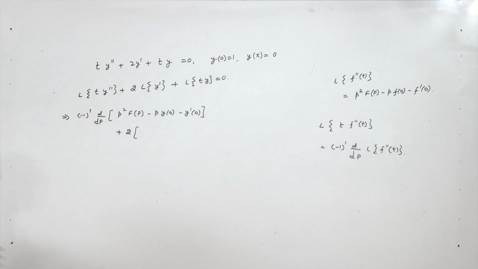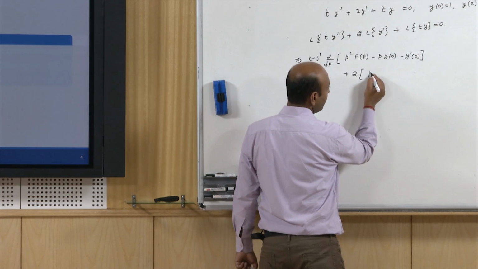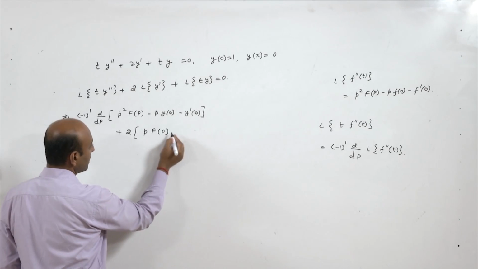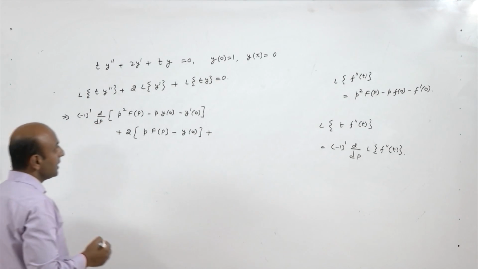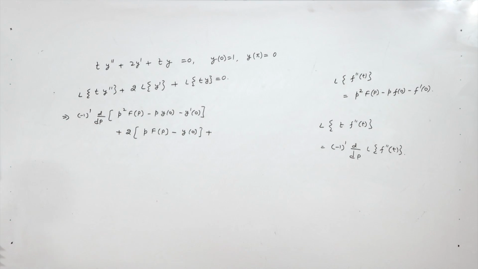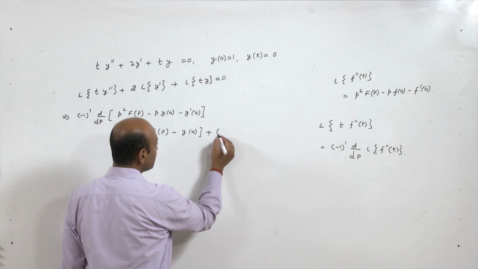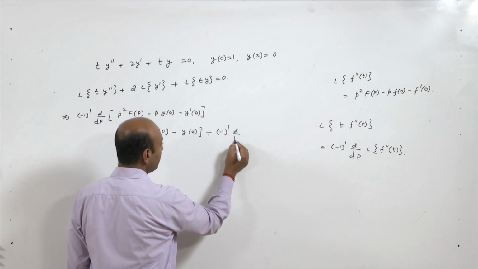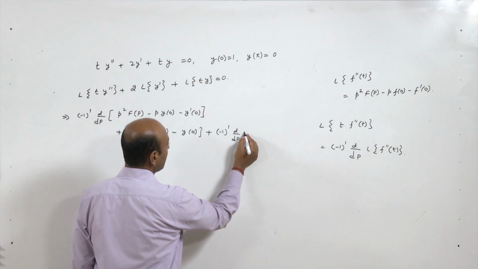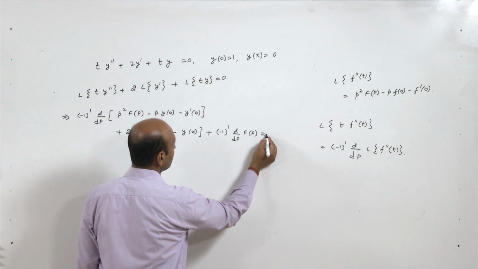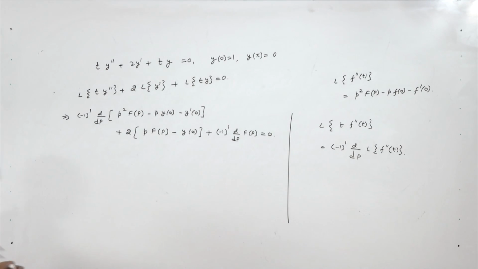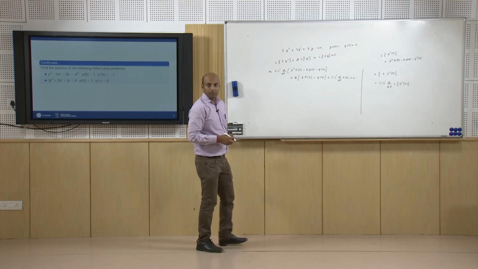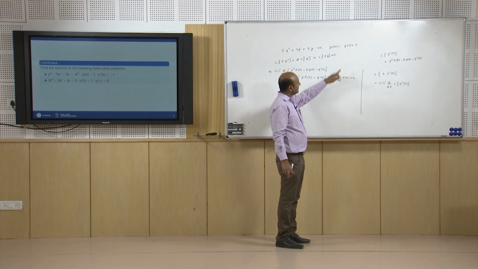The Laplace transform of y dash is nothing but p F p minus y 0, plus the Laplace transform of t into y dash, again minus 1 to the power 1 d by dp of the Laplace transform of y, which is F p, equal to 0. Because I am assuming the Laplace transform of y t as F p.